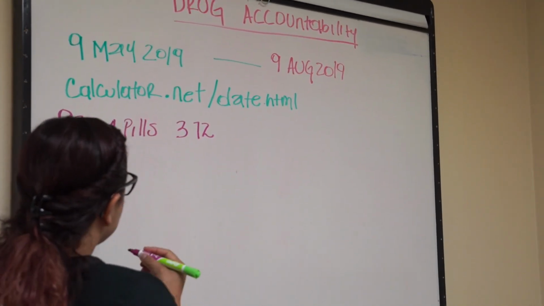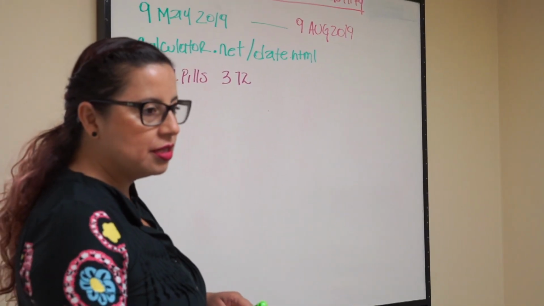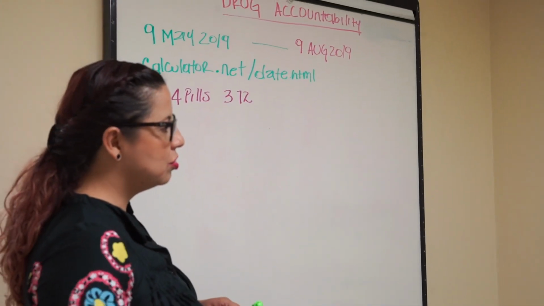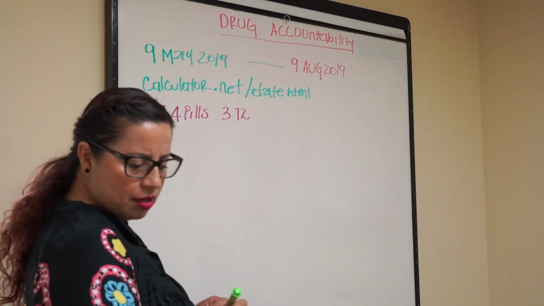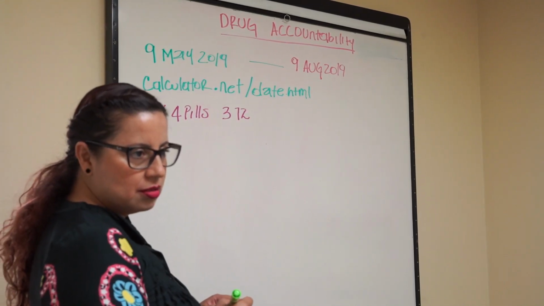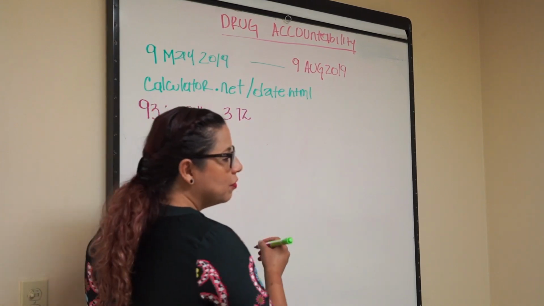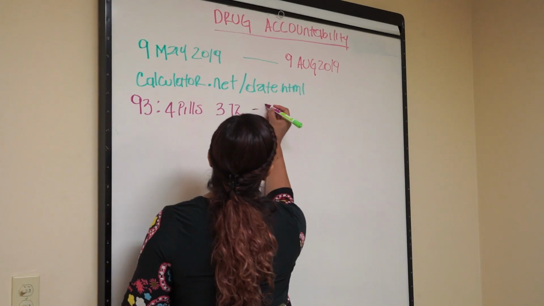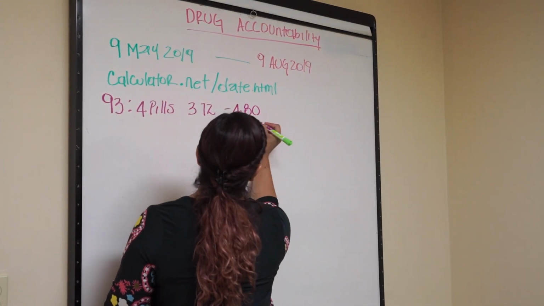And the patient was given 8 bottles. Each bottle is 60, so 60 times 8, 480 pills given. 480 was given. Okay, so this was the total.